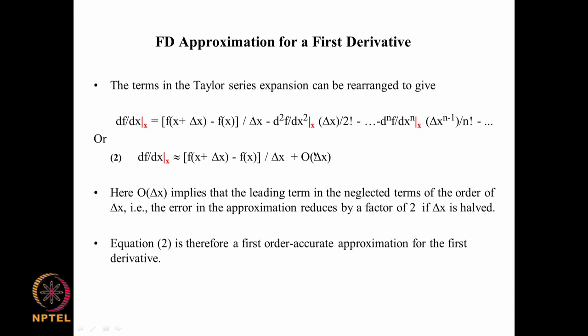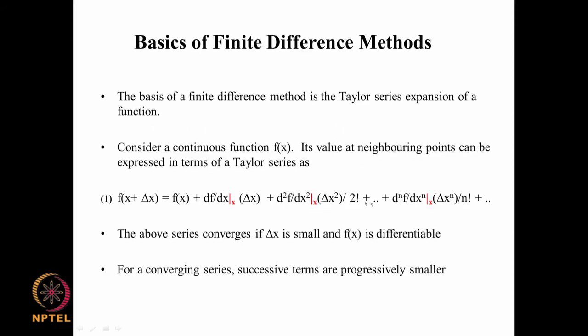If you go back to the Taylor series expansion here, in central differencing it is this term onwards that is being neglected. No, it is the third derivative which is being neglected, and in the case of one sided differencing, it is the second derivative and higher terms that are being neglected.